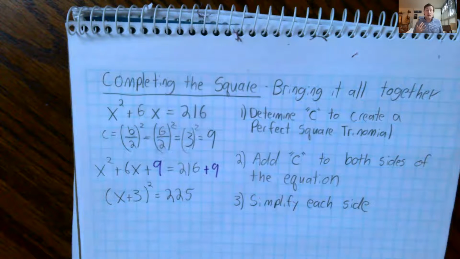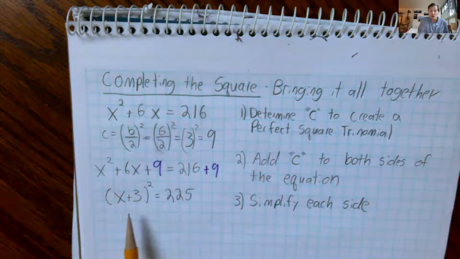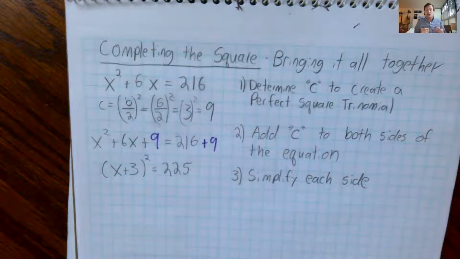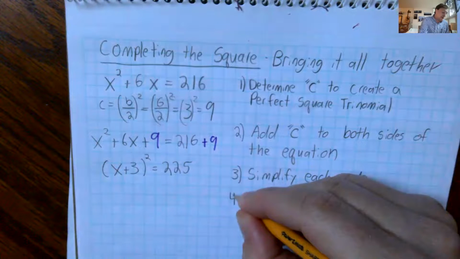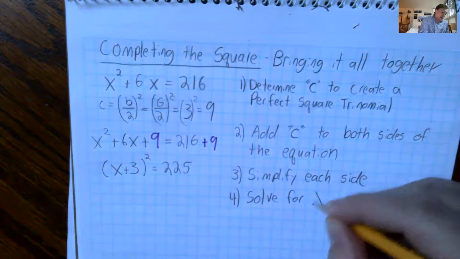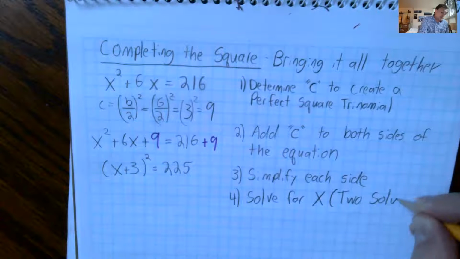So what we have accomplished here is we created a square of a binomial that we can now easily solve for x because it's a lot easier to deal with. And that's exactly what we're going to do in our fourth step. We're going to solve for x, and we should get two solutions.